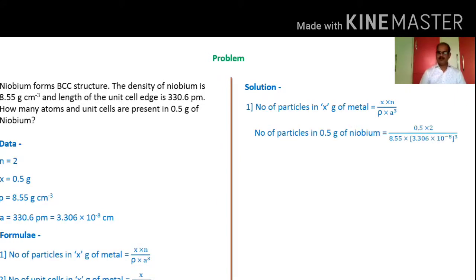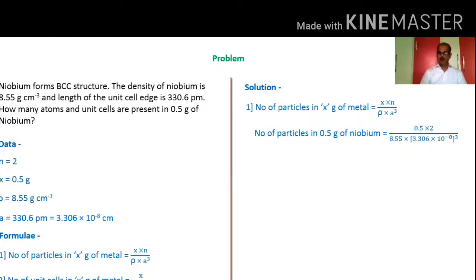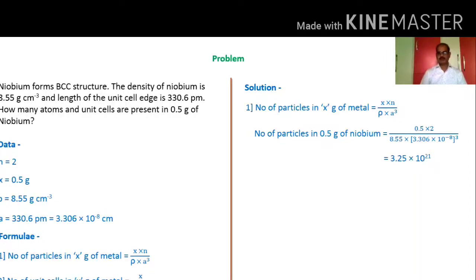The number of particles in 0.5 grams of niobium: now I will substitute here, instead of x, 0.5, instead of n, 2, for rho 8.55, and for a cube, 3.306 into 10 raised to minus 8, the whole cube. After calculating it, the answer comes out to be 3.25 into 10 raised to 21.